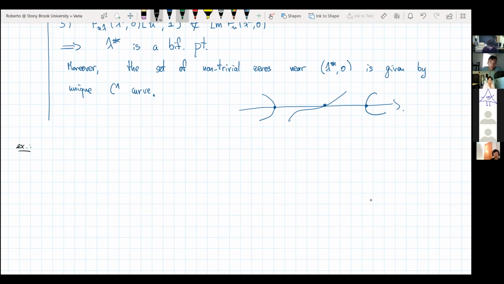So going back to our example. We want to know if we have non-trivial solutions, that is, solutions that are not u equals 0 for a certain value of lambda. So we are hunting for points where something like this is happening, or maybe something like this is happening.